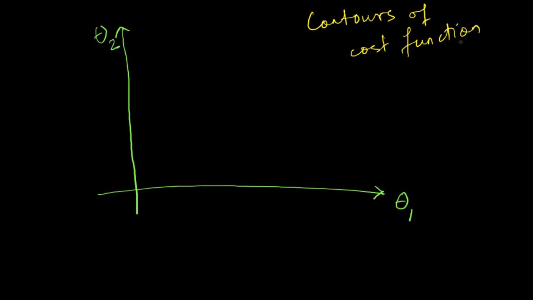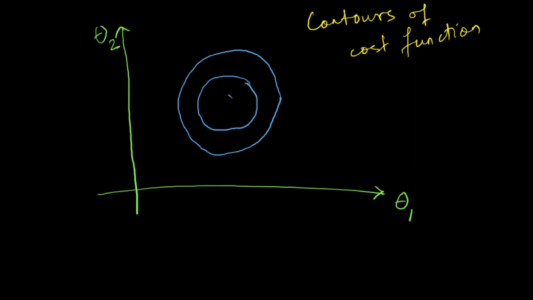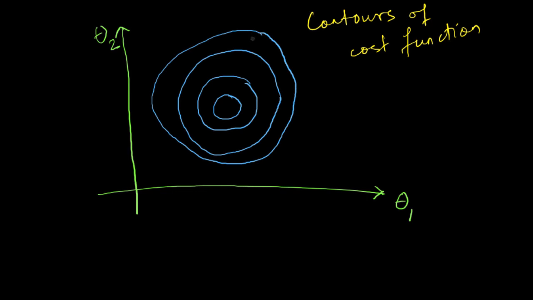So what is the meaning of a contour of a cost function? The contours that we draw over here represent the lines on which the cost function is a constant. This is a nice way of drawing a 2D projection of a 3D shape.